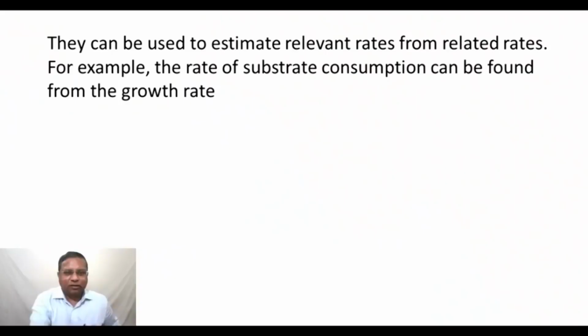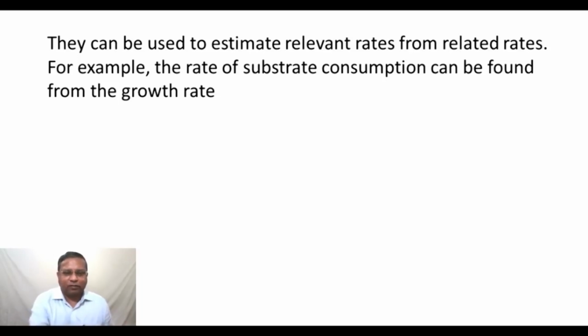The advantage in doing this is that the yield coefficient can be assumed constant for a certain small region of interest. That is why it becomes very useful, and the constancy is usually a good assumption if the region happens to be small. We will see how this is done. The usefulness of this, once it is defined, is that if you know one rate, you could estimate the other rate from the relevant yield coefficient.